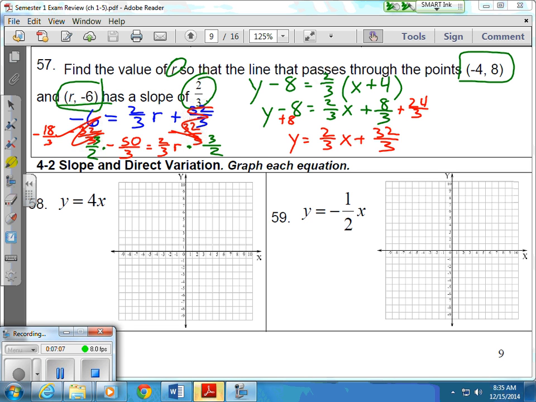I know, I'm running out of room myself. The 3's cancel, and I'm left with negative 50 over 2, which is what? Negative 25. So r is negative 25. Boy, I about didn't have room for all that.